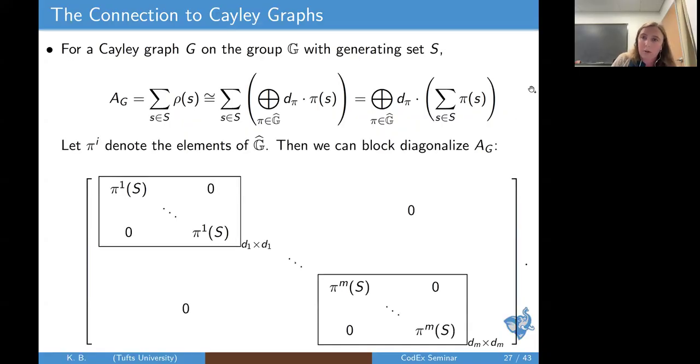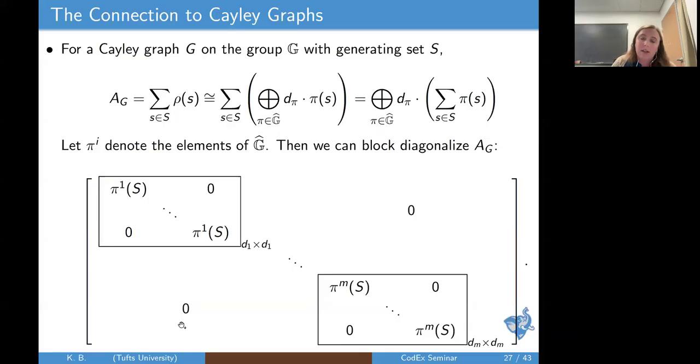So in particular, we can block diagonalize the adjacency matrix in this way, similar to what we saw before, but this time pi of capital S is this sum over all little s in capital S of pi of s.